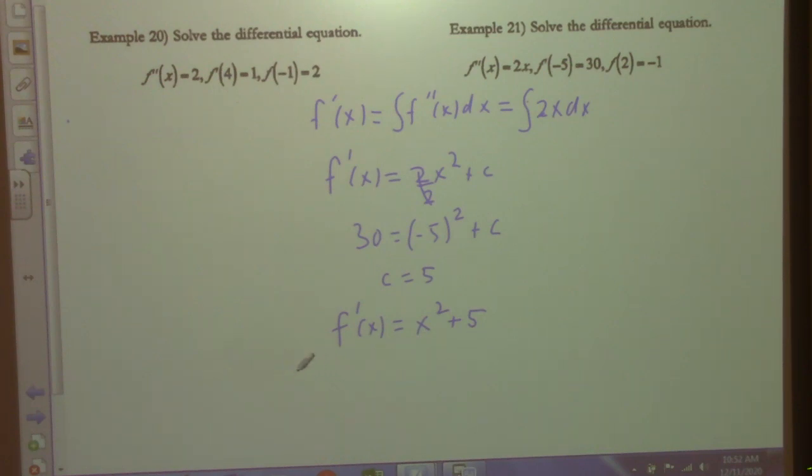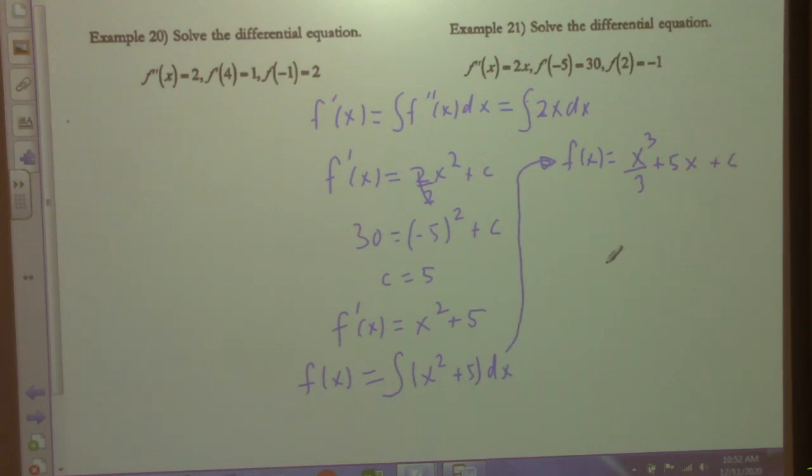All right, and now, how do we find f of x? We take the integral of f prime of x, right? I'm going to bring this up here. So I'm going to get f of x. I'm getting x cubed over 3 plus 5x plus c.